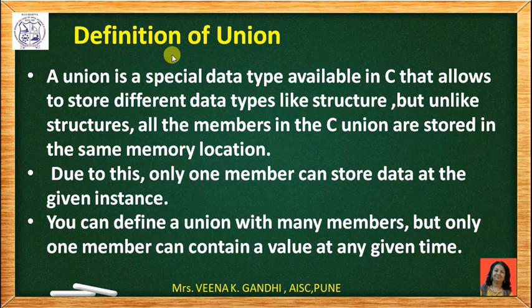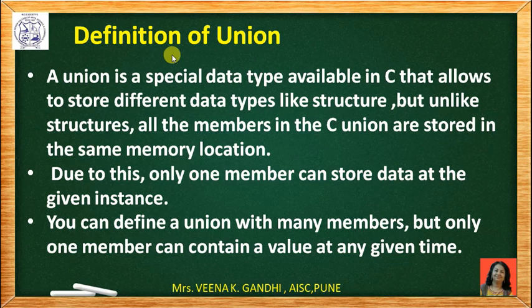Suppose we want to create a structure which will store either circle or rectangle but not both. We want a structure which either contains circle or rectangle but not both shapes at a time. In that case, we create a structure shape.